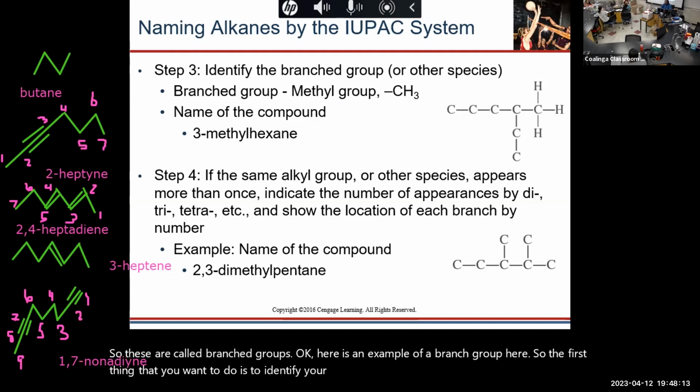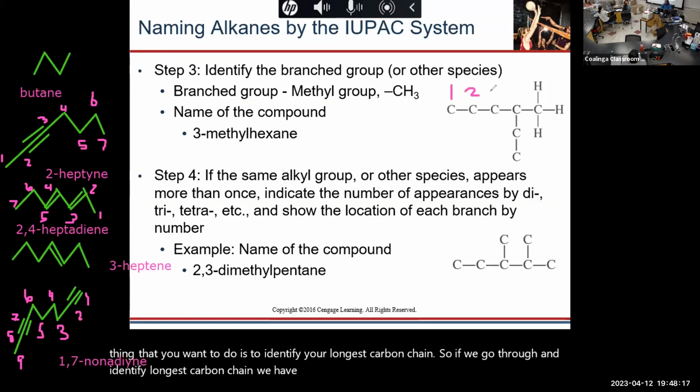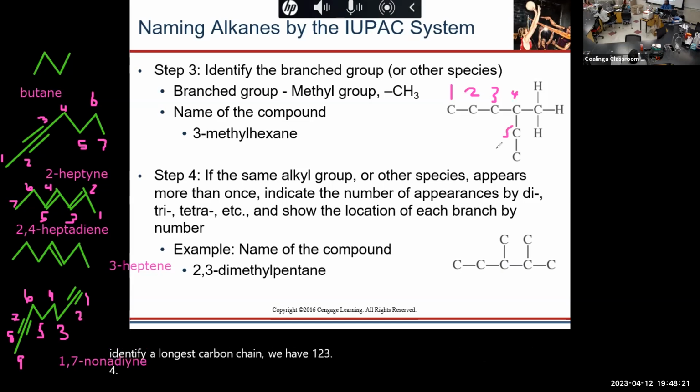So if we go through and identify our longest carbon chain, we have 1, 2, 3, 4, 5, 6, or we could go the other direction. 1, 2, 3, 4, 5, 6.